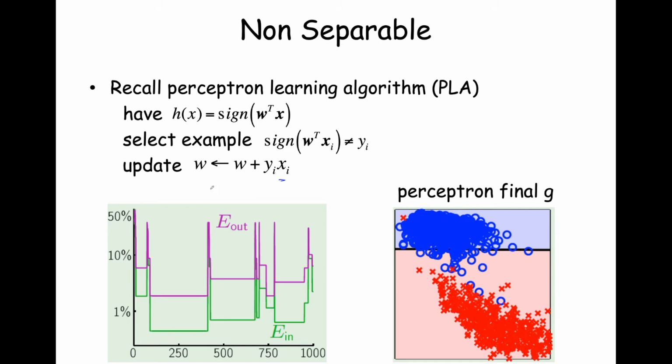And so the purple line was produced that way, and one thing you'll notice here, that E in tracks with E out. And so you see E out starts out as high, E in starts as high. Then with the first few rounds of training, E in drops and E out drops the same amount. And you notice here, they're tracking with one another.